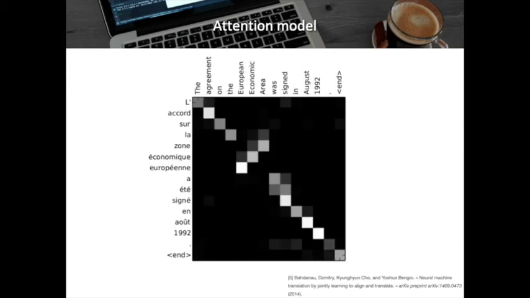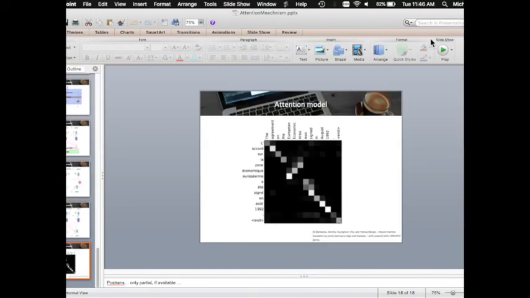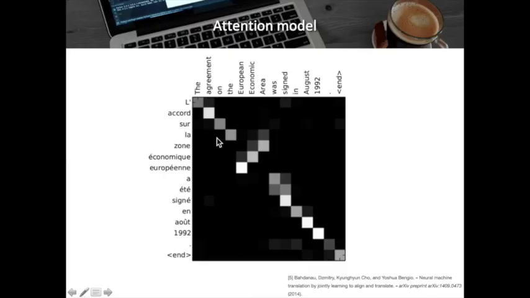In this particular example, again taken from the work of Bahdanau et al., what we see is that most of the attention weights for an individual input word are black, while only individual ones are activated.